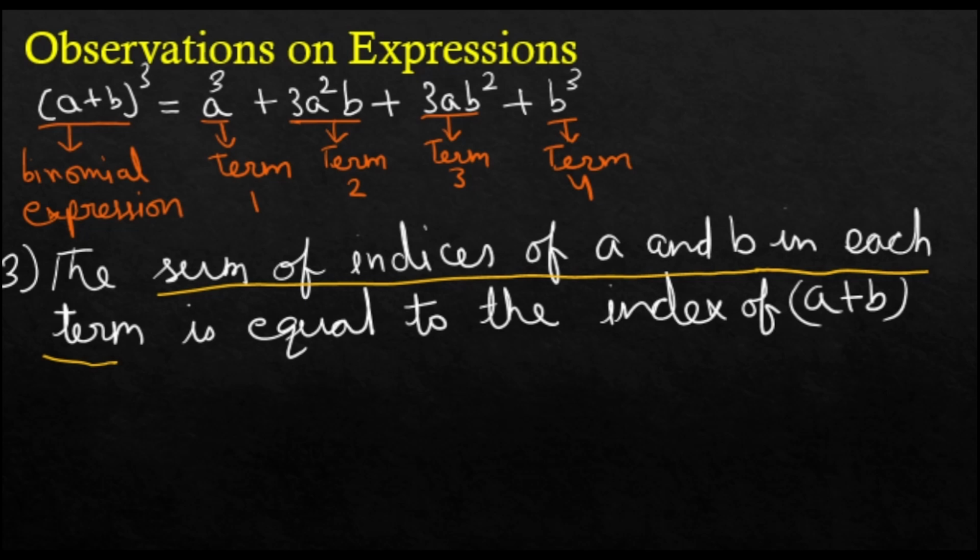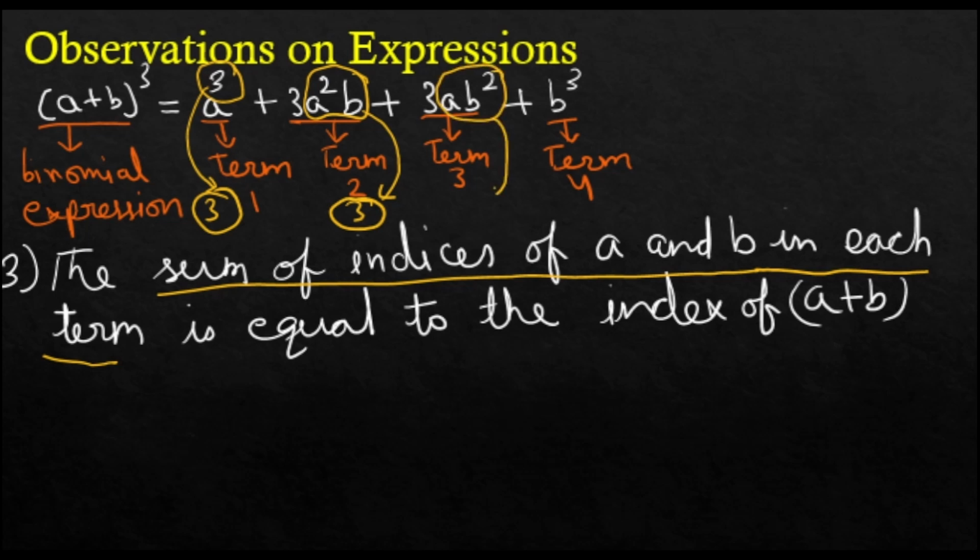In the first term, we have only A having index 3. No need to add because there is no B here. The sum of the indices of A and B in term 2 is 3. In term 3, again the sum of the indices of A and B is 3. In term 4, the index is 3.